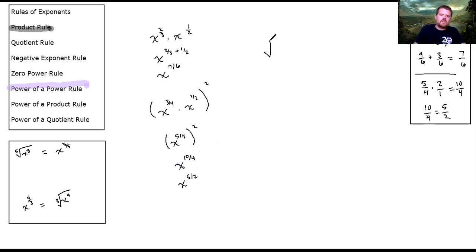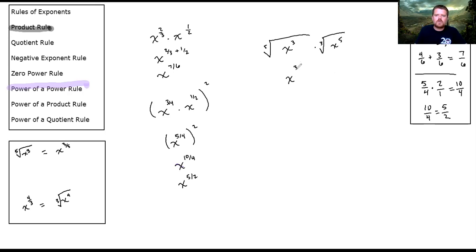So what if I have something that's in radical form instead of rational form? Let's say it's the fifth root of x cubed, and I want to multiply that by the cube root of x to the fifth power, okay? Now, while there are ways we could do this without using fractional exponents, that's the recommendation, and that's kind of the purpose of 1.3, being able to convert it. So I'm going to rewrite this.